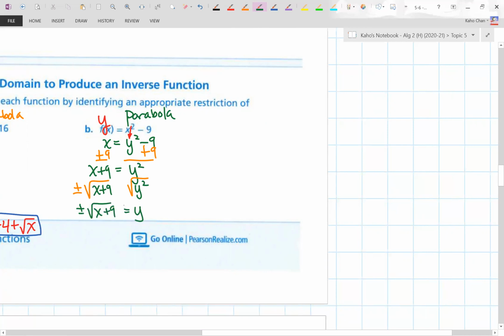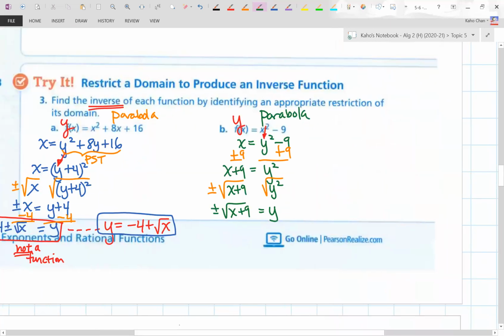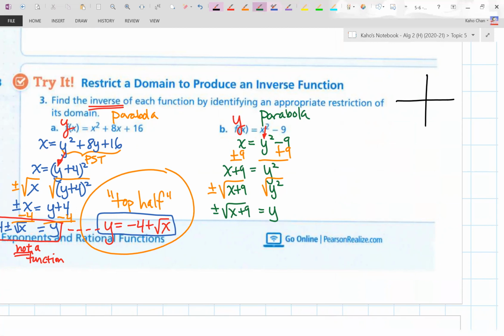Now, which half do we need is the question, right? Kind of like the other side. We only need the top half. Forgot to mention that here from earlier. Here on this side, let's kind of visualize what this graph looks like. This is a crazy one. The original function is a parabola that's been shifted down 9, like this. That's your original function.